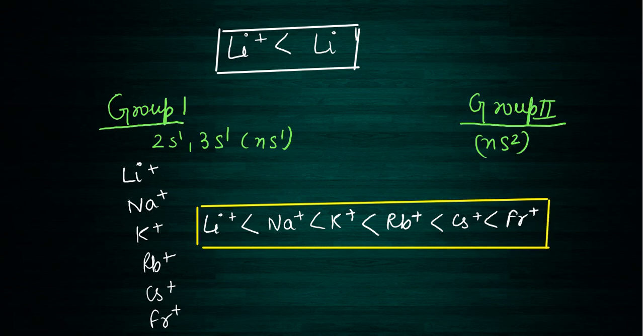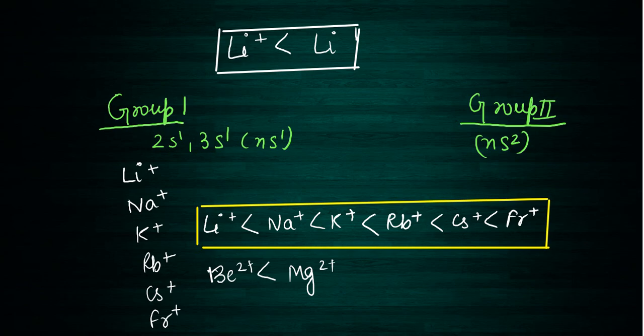The same goes for group 2 elements. We can write it in a similar way, but instead of 1, here 2 electrons will be lost because their last valence shell has 2 electrons. So, to become an ion, they become beryllium 2 positive, because 2 electrons will be lost.